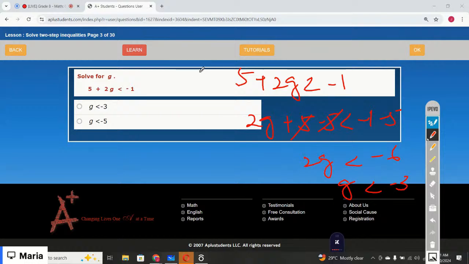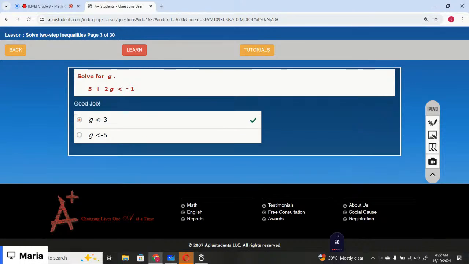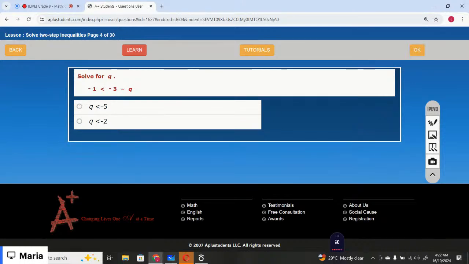So the correct option is g is less than negative 3, right? Okay, the next one is solve for q. So which is the correct option?